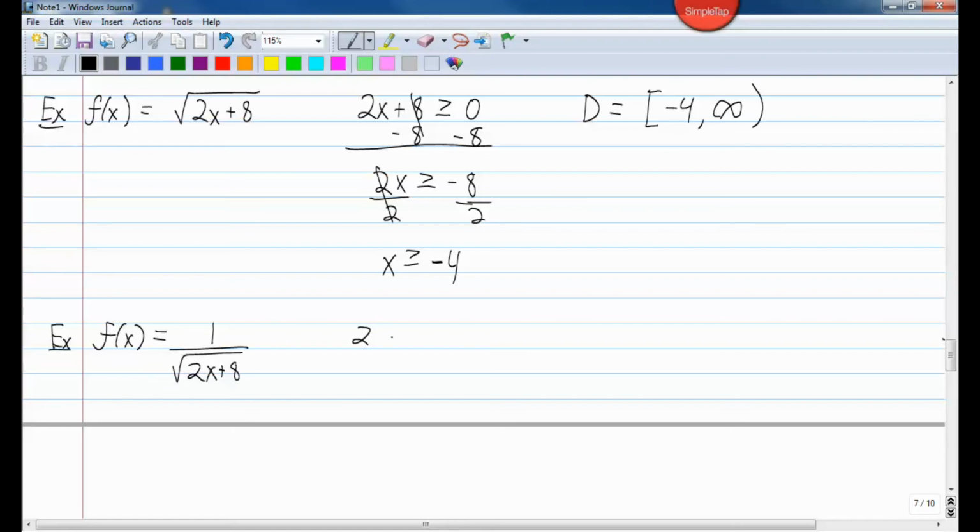So instead of greater than or equal to 0, it'd just be 2x plus 8 is greater than 0. So at the very end, I would have x is greater than negative 4, not equal to. So the only change in my domain would be that it is from negative 4, not including negative 4, to positive infinity. Do you see the difference from a radical being in the numerator or in the denominator? You just don't include whatever point.